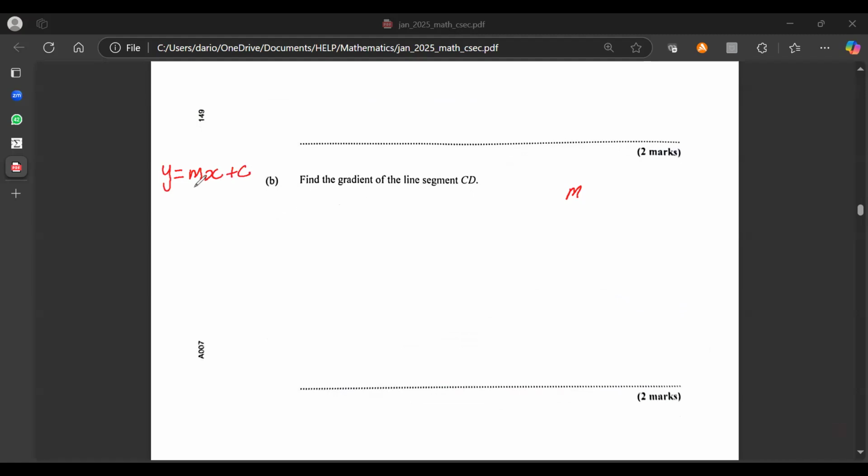M is called the gradient, and c represents the y-intercept. That is where the line cuts the y-axis. So M is the gradient. This tells the slope of the line, and c is the y-intercept.